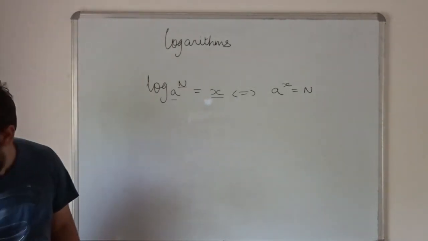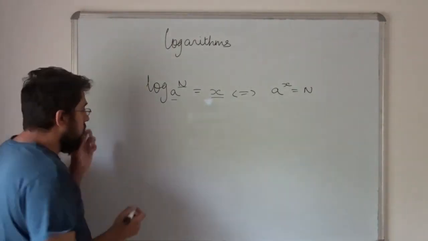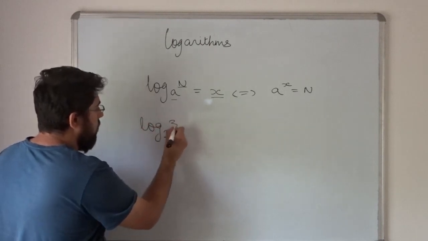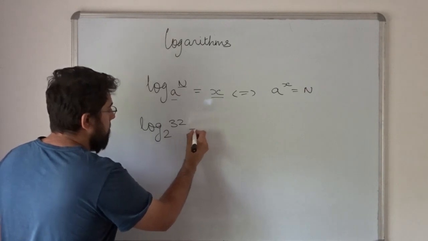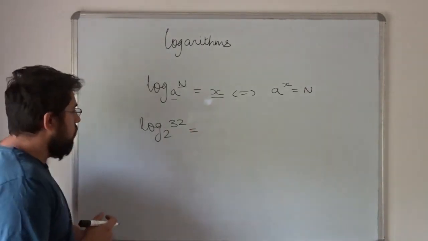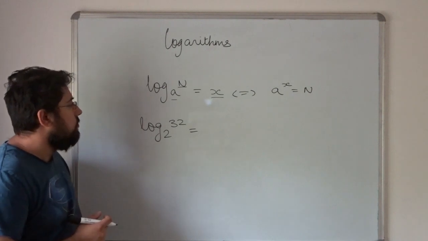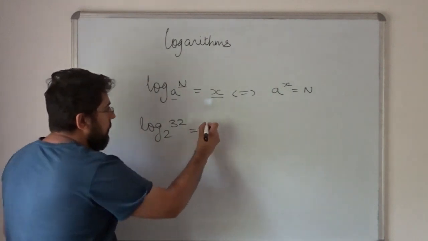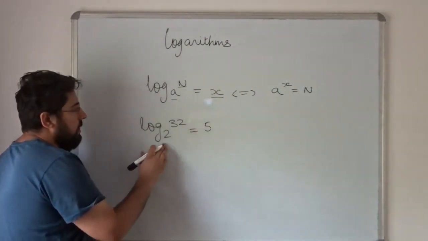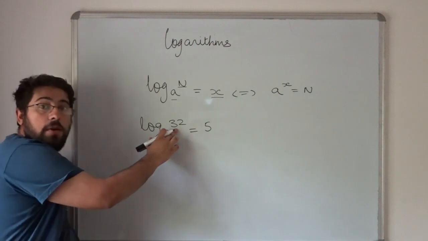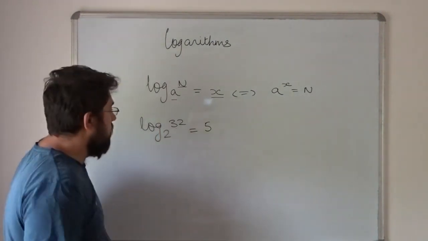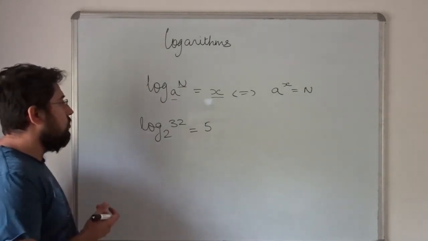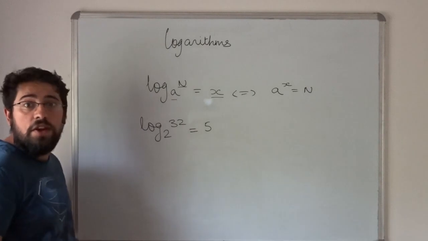Now we're going to take a few examples. Say you have log base 2 to the power 32. What does it equal? Do you know what this equals? Log base 2 to the power 32 equals 5. What does this become? It's very simple.